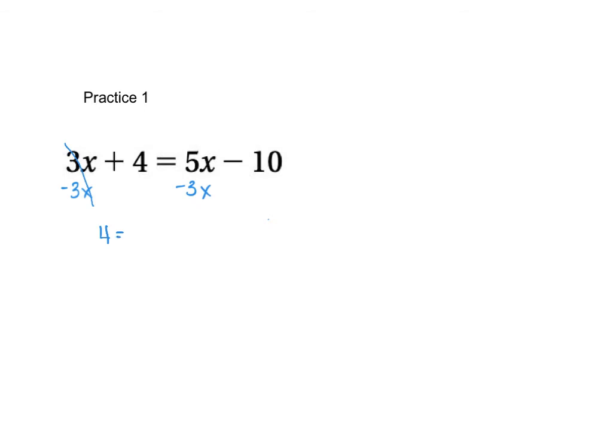We're going to get 4 equals 2x minus 10. We can go ahead and add 10 to both sides. We're going to get 14 equals 2x. Divide by 2, divide by 2. And x is going to be equal to 7.